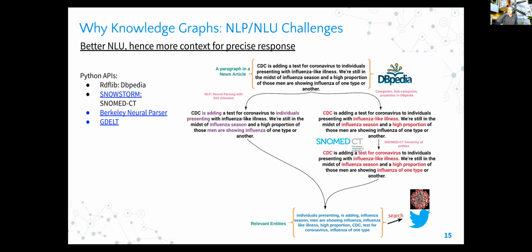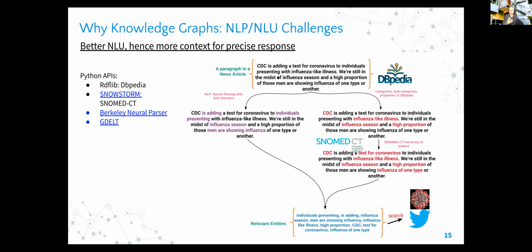So DBpedia, for example, can help you get the categories, subcategories, and properties in DBpedia. Then you can get to the entities like individuals presenting, or men are showing influenza, or phrases like that.